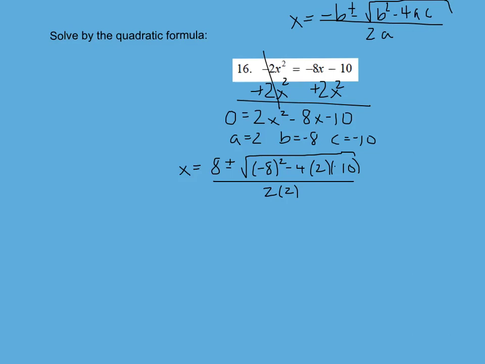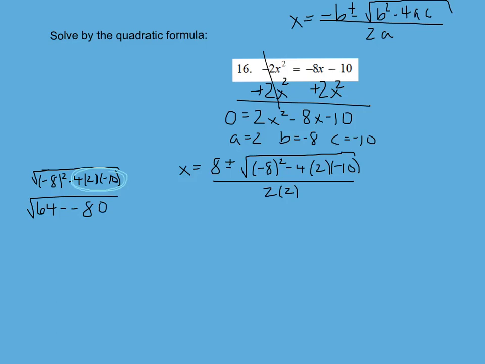Okay, so I can either use my calculator to enter this entire thing right here exactly as it is, or we can take it off here to the side and go through it on our own. So we've got negative 8 squared minus 4 times 2 times negative 10. So I know negative 8 squared is 64 minus this right here, 4 times 2 times negative 10, that gives me negative 80.